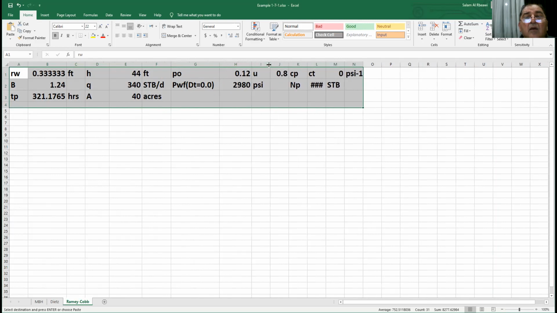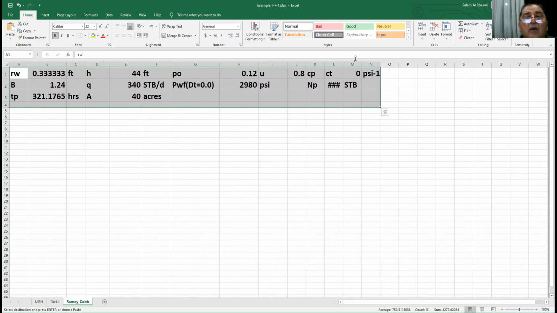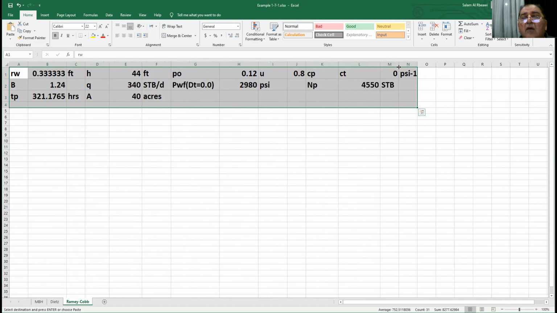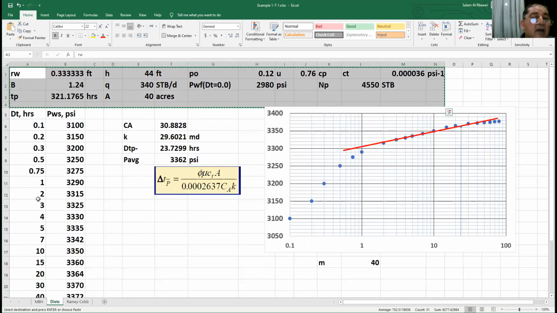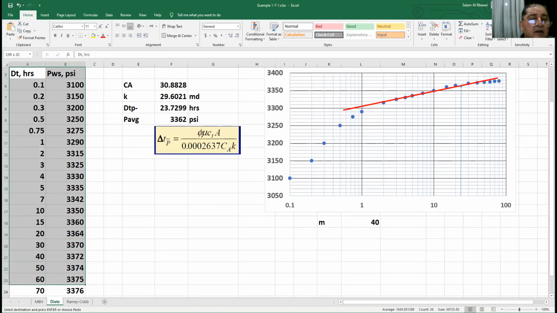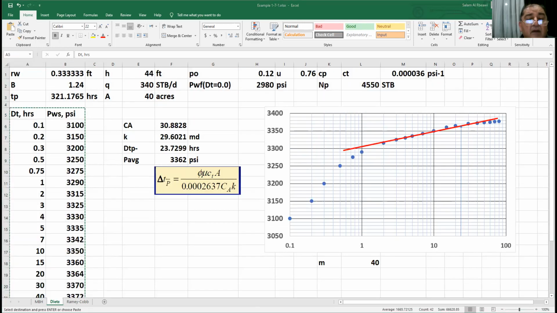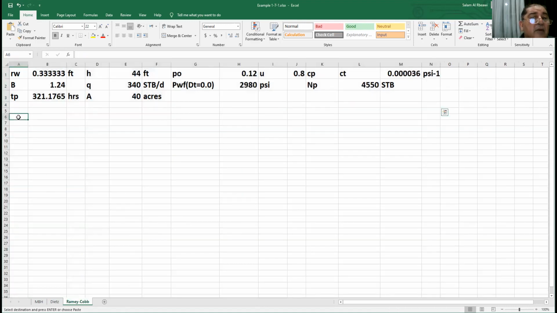So here is what we have. Now I am going to bring in the data for the pressure. So this is your pressure data, going to Ramey-Cobb.